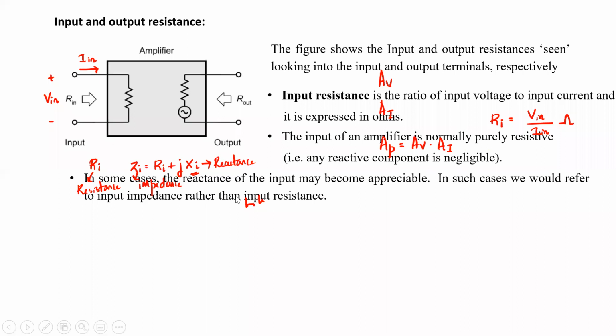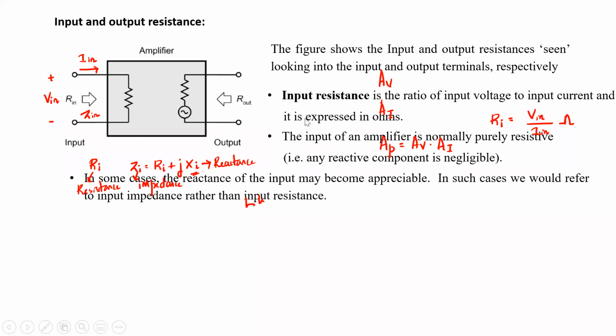In some cases, the reactance of the input may become appreciable, meaning it may become large. In such cases, we refer to input impedance rather than input resistance, denoting it as Z in. That is regarding the input resistance.